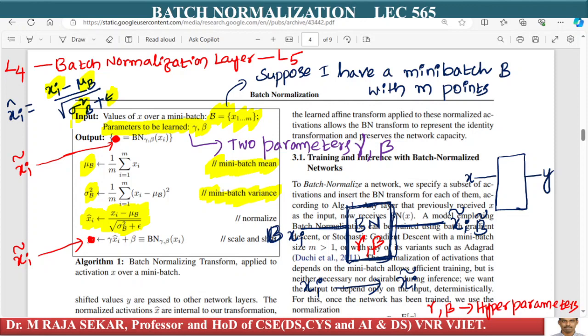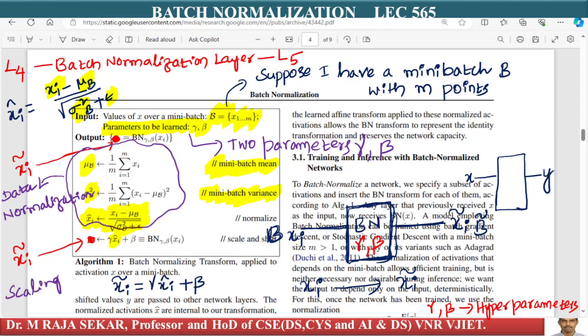So what batch normalization does, in addition to simple data normalization, is take each of your xi cap, multiply them with gamma, and add beta: xi tilde equal to gamma into xi cap plus beta.